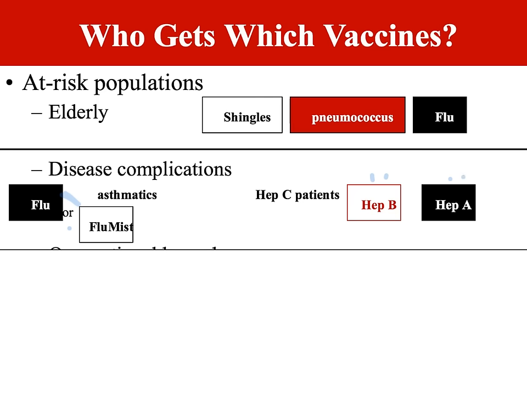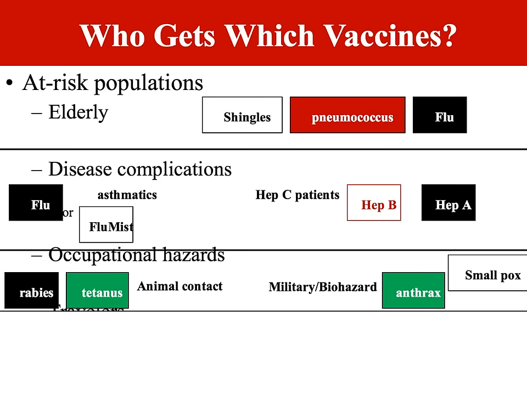However, hepatitis A is less common. Typically, it's only given for people who are traveling to hep A endemic areas. And so if you have a hep C patient, you best make sure they don't become infected to add insult to injury on top of their hep C infection.